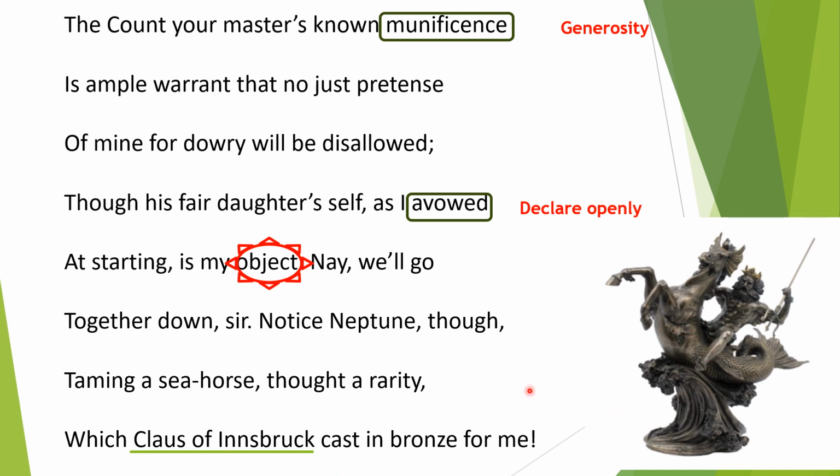So here the seahorse means the previous wife or the would-be bride, the girl whom he is going to marry. So be very, very careful. I know how to tame them. So once I get married, they will become my possessions. As long as I want, I'll keep them.